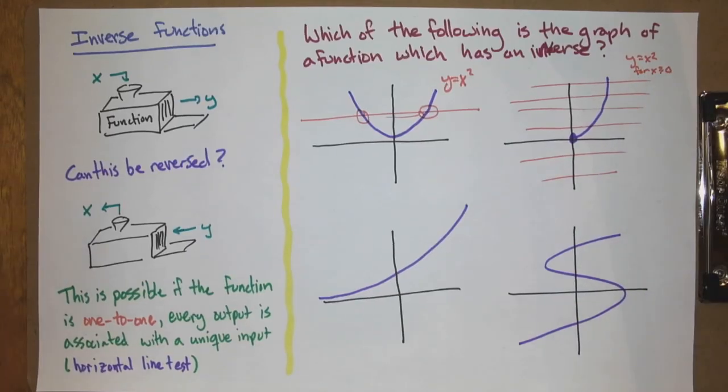So oftentimes what we'll do is, if we want to talk about an inverse and the function doesn't have an inverse, we say, well, let's just cut off a piece of it so that just that piece by itself has an inverse. We'll talk about that inverse in just a minute. This looks like an exponential function of some sort. Does this have an inverse?